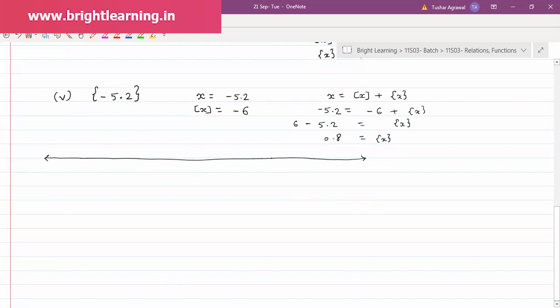Minus 5.2. Okay, so this is my, let's say, minus 4. Here is minus 5. Here is minus 6. And here is minus 7. Minus 5.2 is somewhere over here.